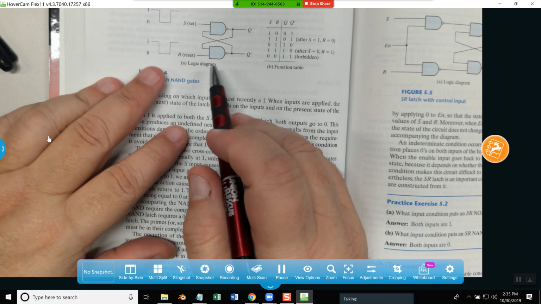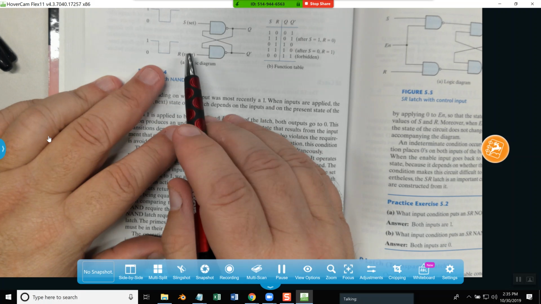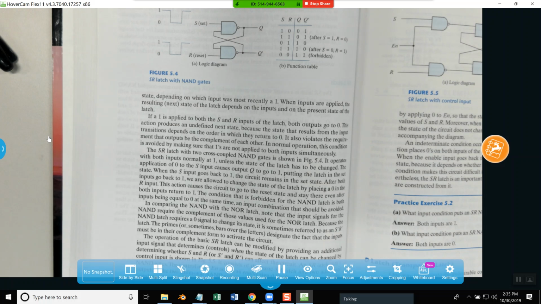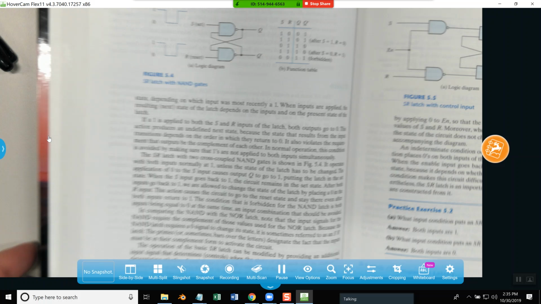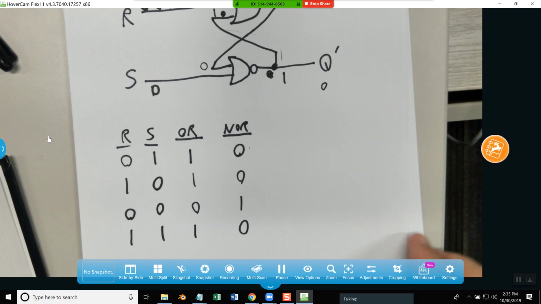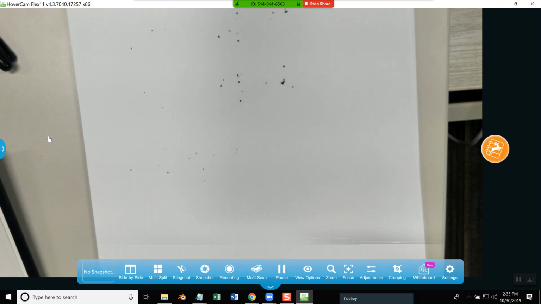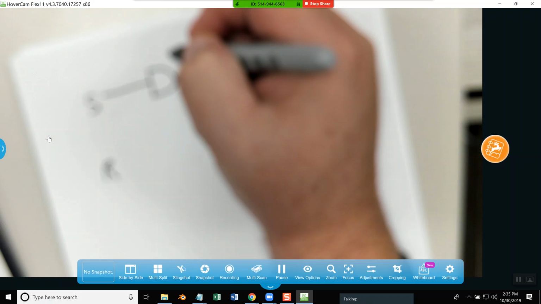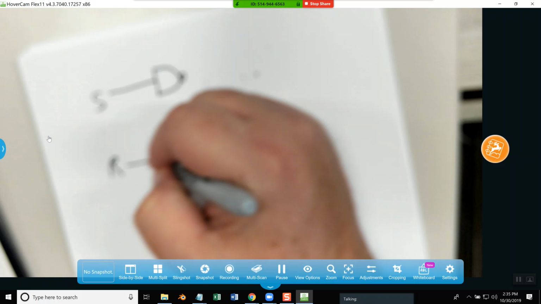Okay, so we got our S and our R. Q. These are branching back through. Like that.